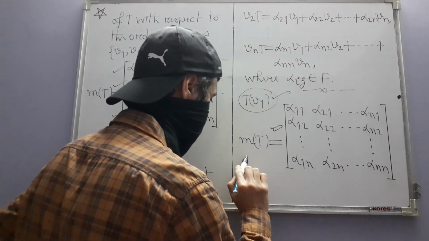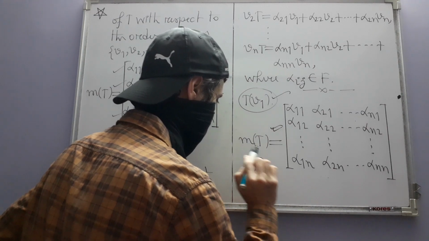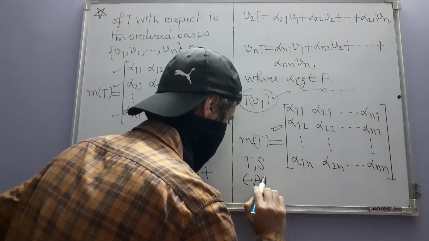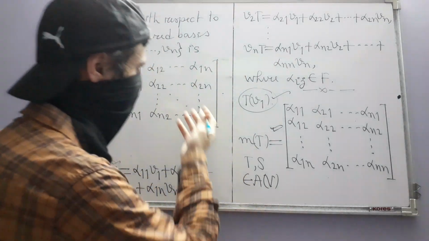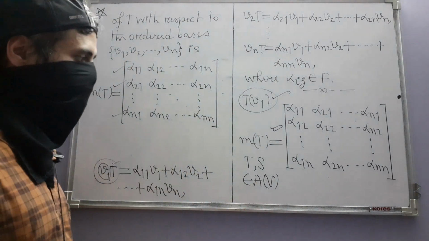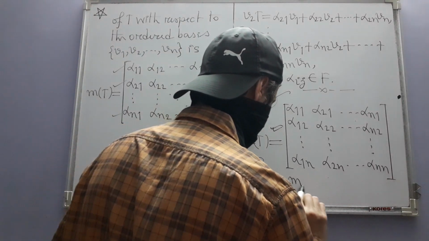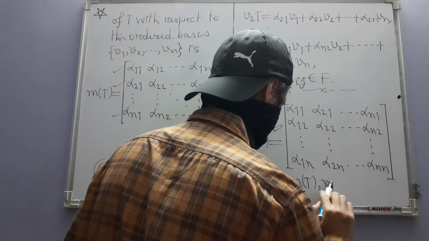Say you have two operators T and S in A of V, and you already have a basis for V. So you can then write the matrix of T and the matrix of S.